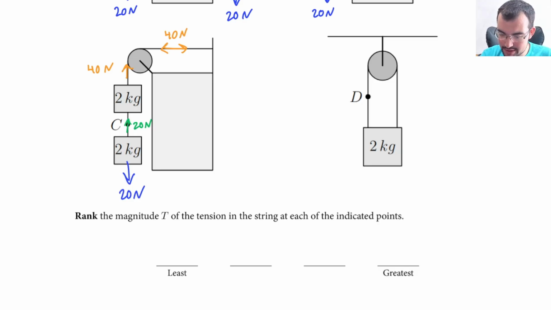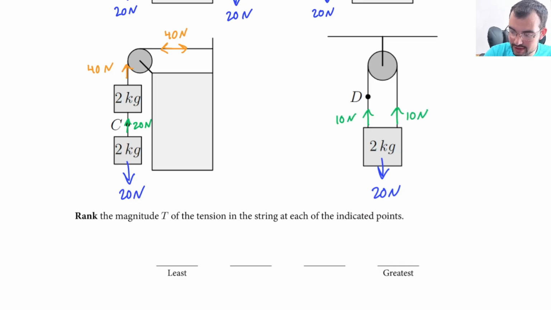And then for D, being pulled down with 20 newtons. We're being pulled up here and here. So notice it can't be all 20 newtons here because that would mean there's 20 newtons here because it is the same string, and that's not balanced. So I'm connected to 2 strings, so I actually just need to halve the effort.